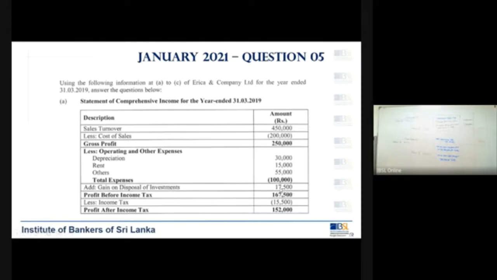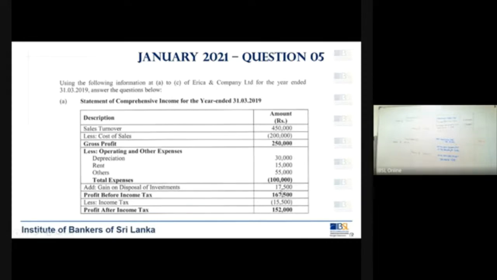You see? So when you prepare the statement of cash flow, you will take the profit after tax or profit before tax. Let's say profit after tax. When you take this 152,000, this is included there.